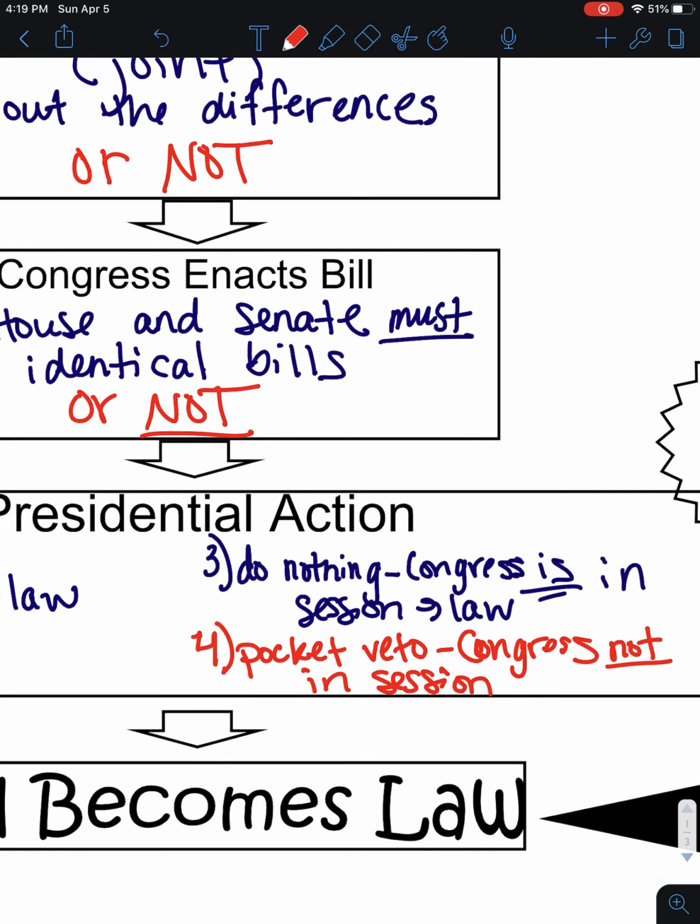What that means is that Congress is no longer in session and the president doesn't want to sign it or veto it because then it goes back to the House and the Senate where they could potentially override. But if they are not in session and he does nothing, that bill dies. Okay, so it's a way for the president to veto without actually vetoing the bill, and it causes it to die.